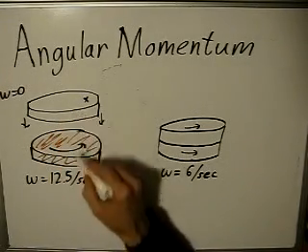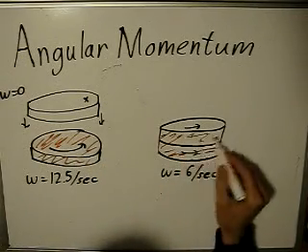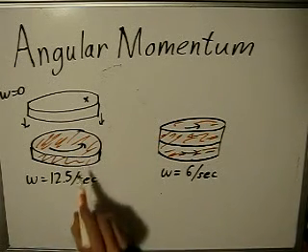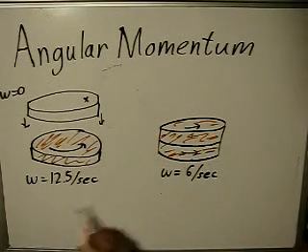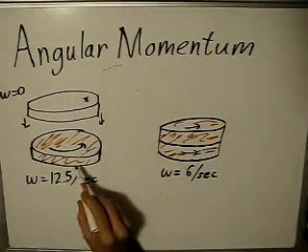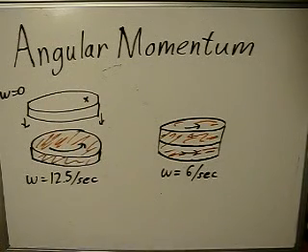And after the top plate drops onto the bottom one, those two plates are sharing the same amount of stuff that was all in the bottom plate at the beginning. The more of this stuff, which we call angular momentum, the more the angular momentum there is in a plate, the faster it'll spin.